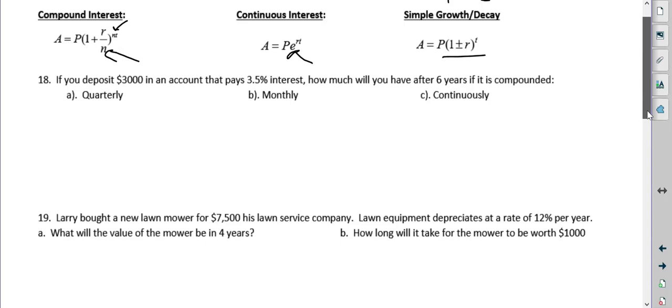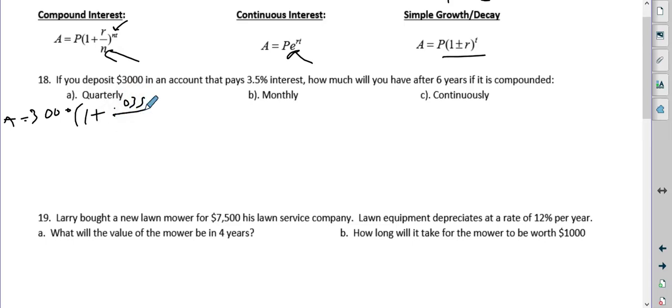Okay, so for the first one, they're going to be similar setups, all right? 3,000 is the principal in all of these. So it's going to be 3,000. So future value is 3,000 times 1 plus 0.035. Remember, we got to change this to a decimal. Now, this is the only difference.